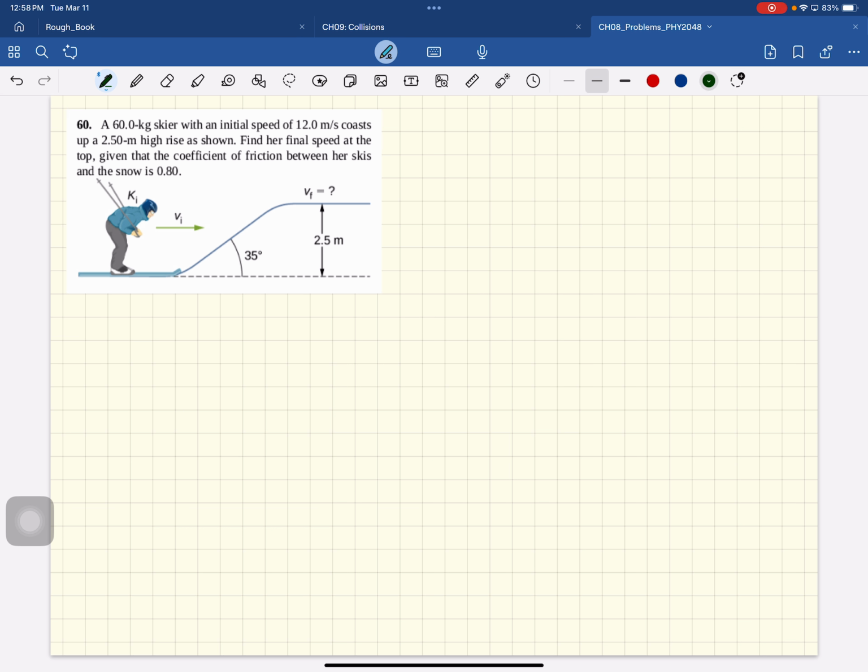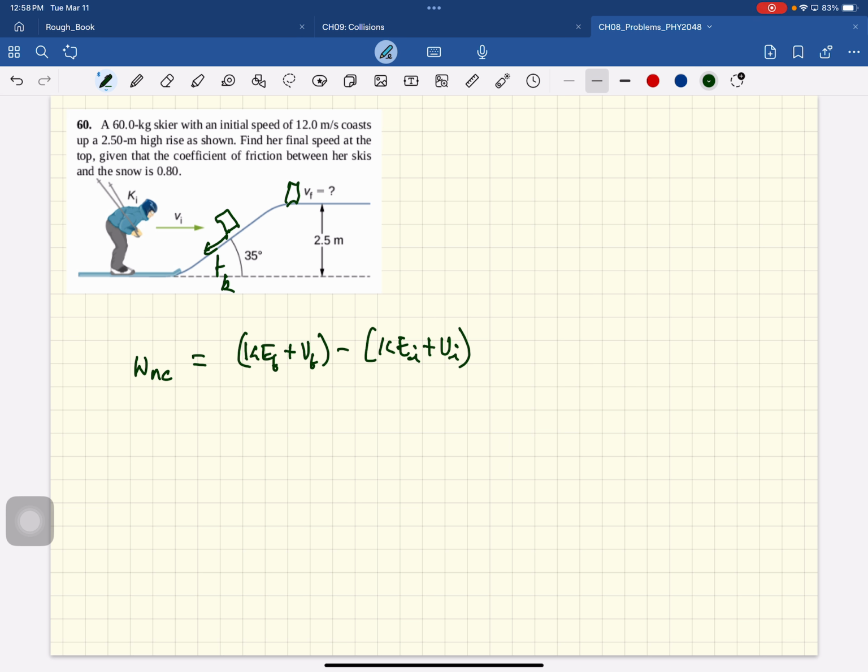So when she's on top of the hill, there's a friction force, and it's a kinetic friction force. So you have non-conservative forces acting, and the work done by non-conservative forces is kinetic energy final plus potential energy final minus kinetic energy initial plus potential energy initial.